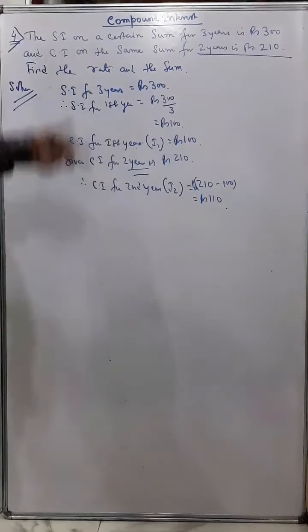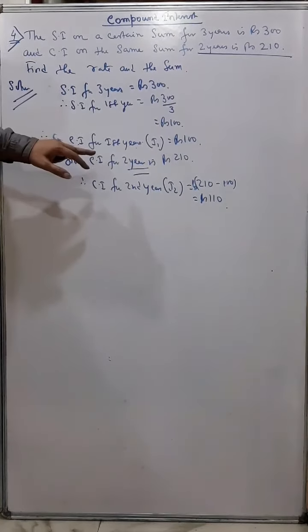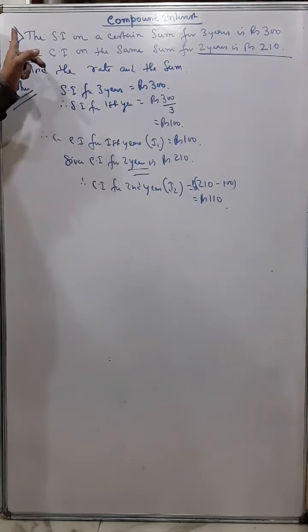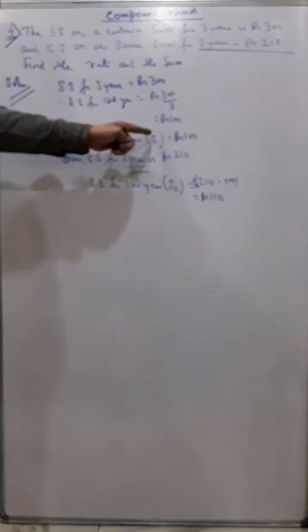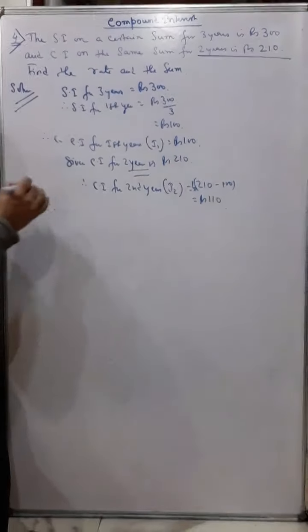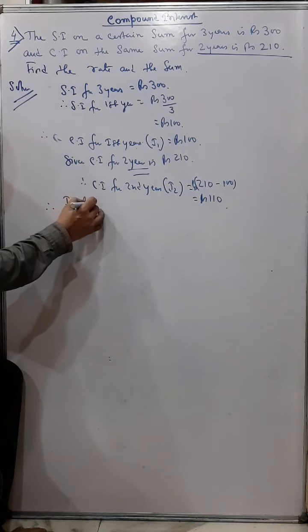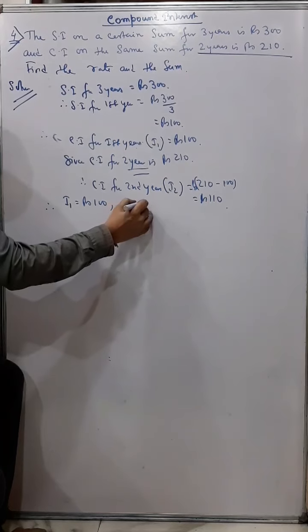Now if you remember number 3 what I told, number 3 type sums, I1 I know, in that sum number 3 we know I2 and I3. Now in this sum I know I1 and I2. But still let me do again to make it more clear. Finally I know I1 is 100, I know I2.